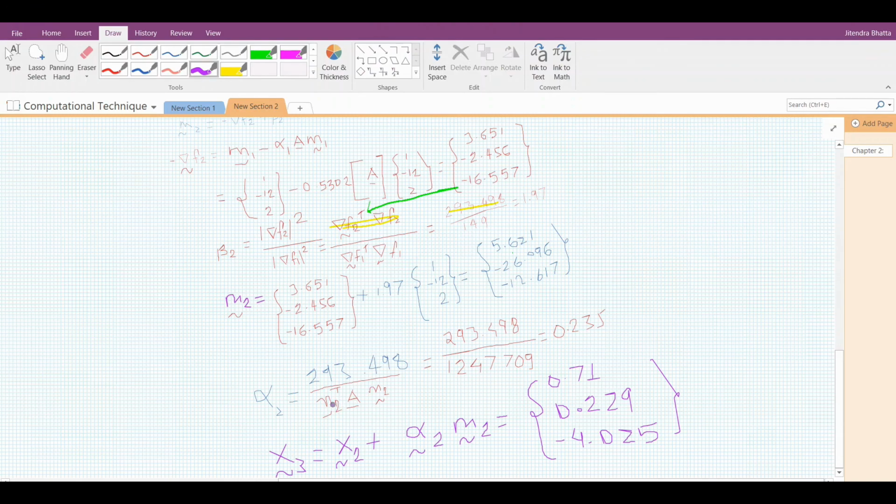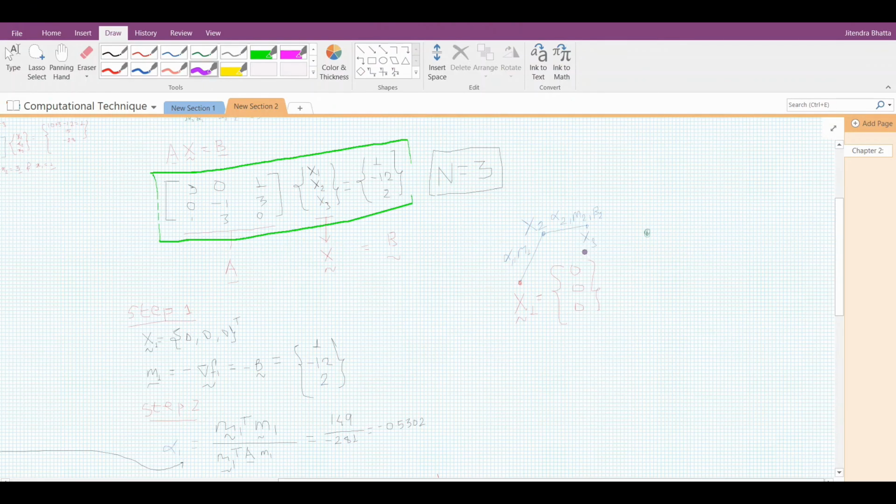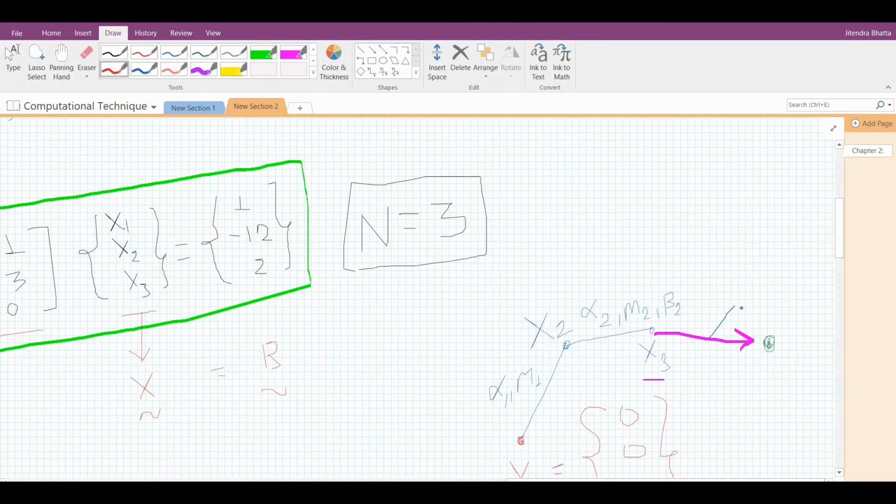Now this is our second iteration where we have reached here. Now there should be one more step left that will lead us to this point here. For this, similarly, we have to find out what is our alpha 3, M3, and beta 3.